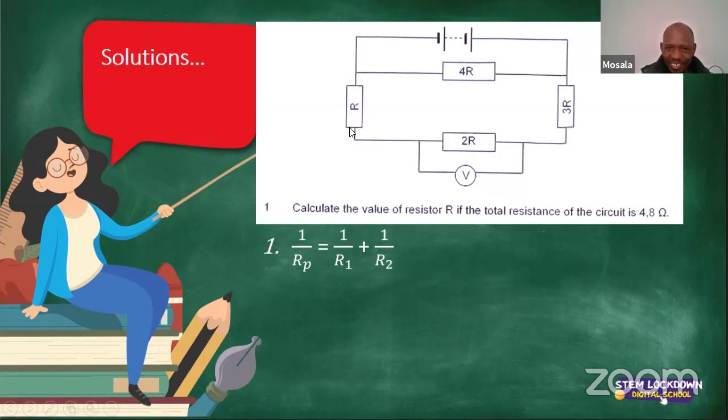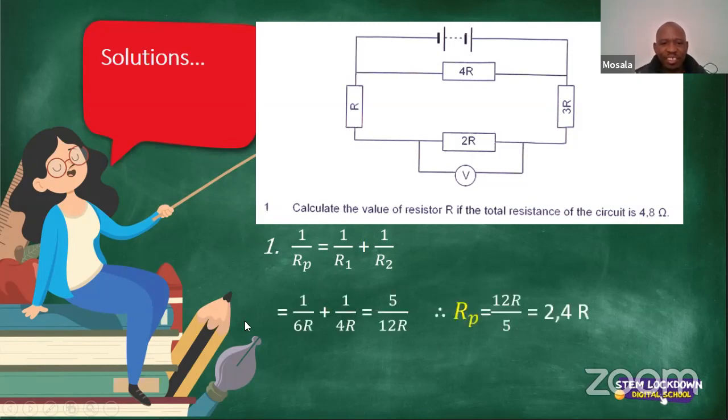So this loop of 6R is in parallel with the resistor of 4R. So 1 over Rp equals 1 over 6R plus 1 over 4R.